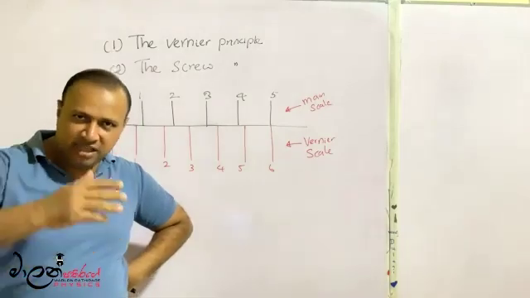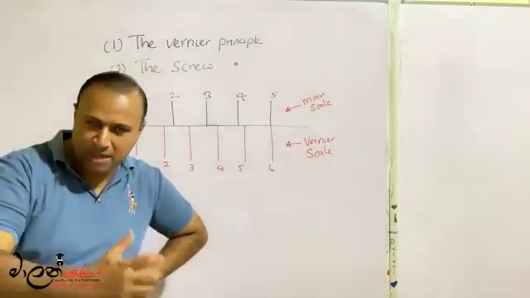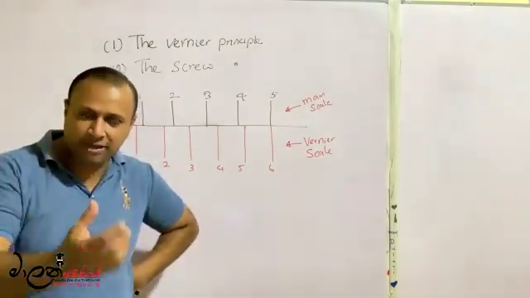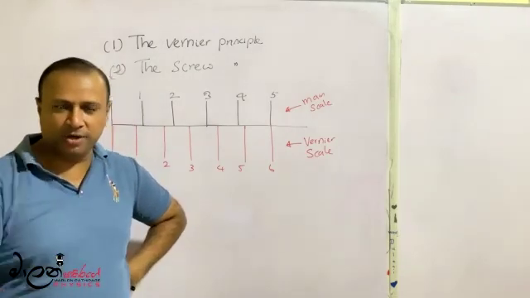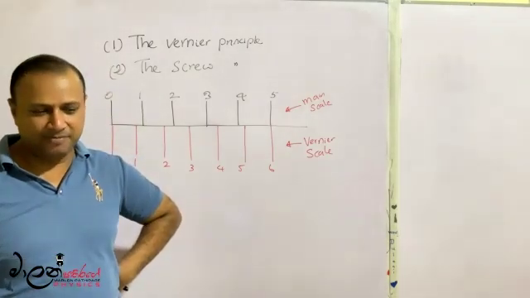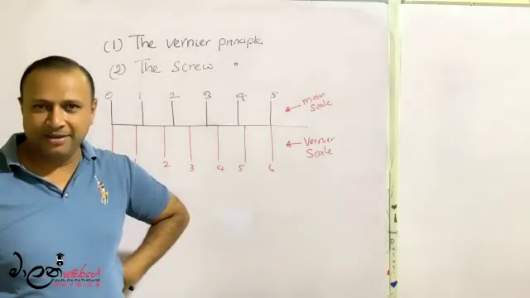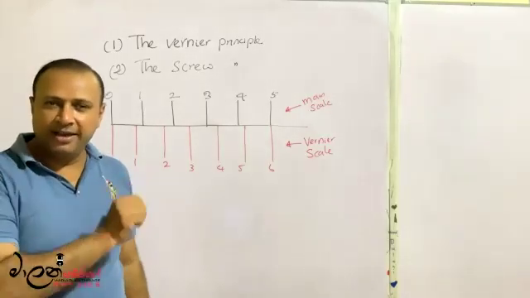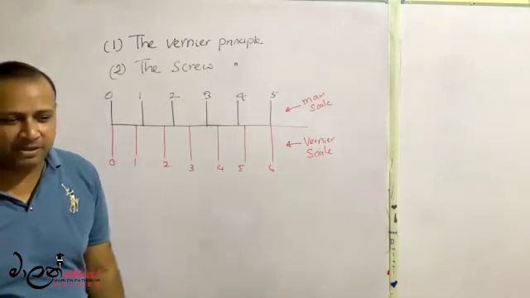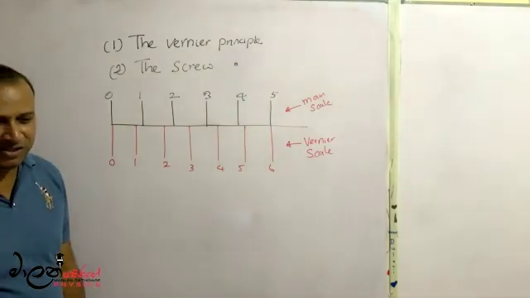Least count is the smallest gap that can be measured using the instrument. Now tell me, what would be the smallest gap of this instrument?